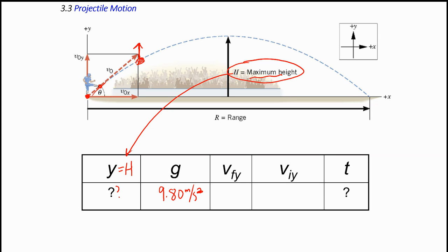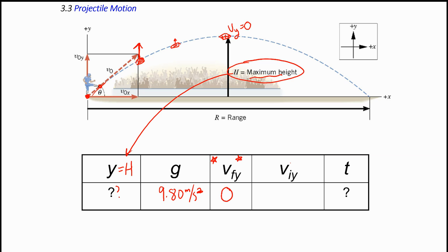And as it gets higher, it's going to be a little bit smaller, and right at the highest point, we've actually done this already. What would be that vertical velocity? Its velocity in the y direction would actually be 0 right here. So if we're going to that maximum height, we can actually use the fact that this is 0.